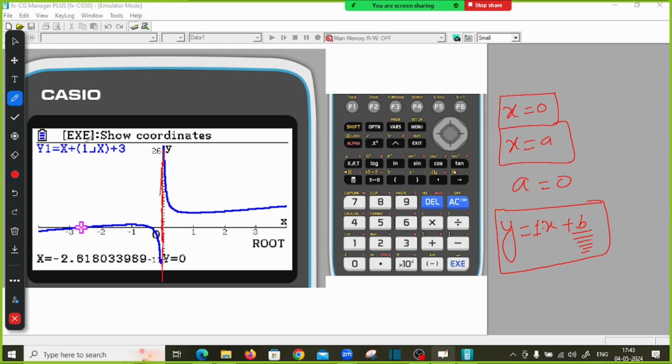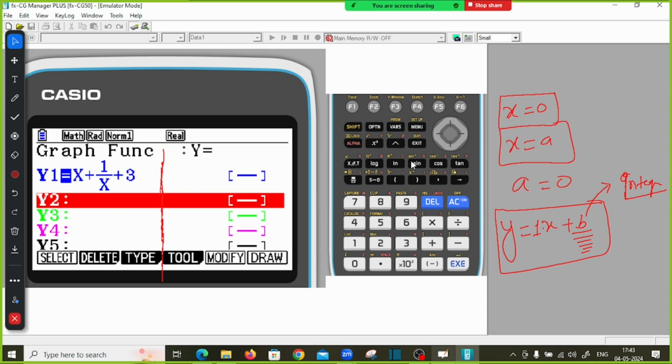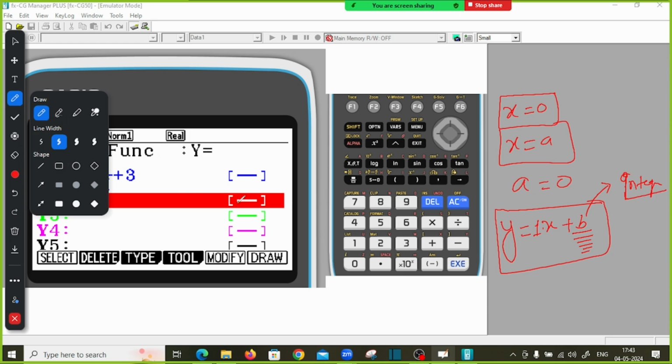I also have other information, that b is an integer. It's not any fractional value. So I am planning to go to the editing section and sketch a straight line whose slope is 1, and for its y-intercept I will use the hit and trial method.